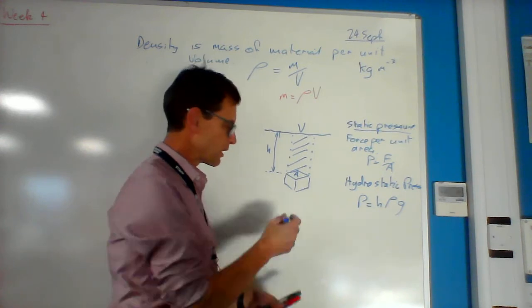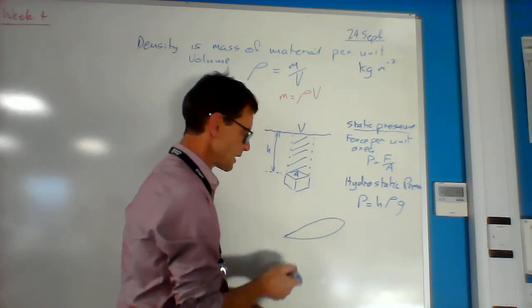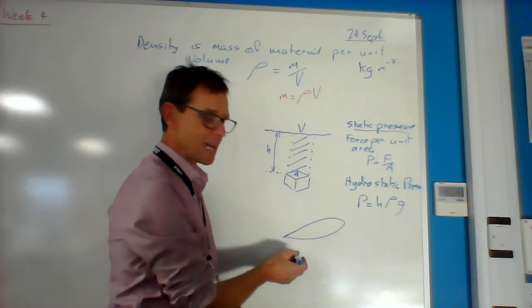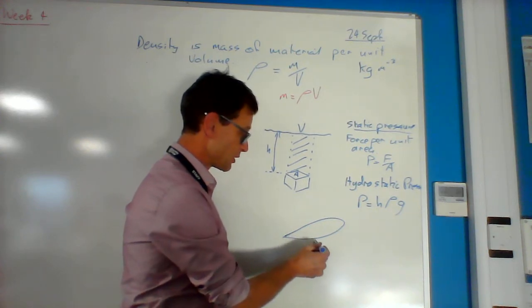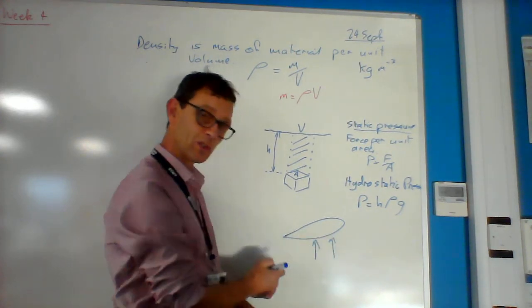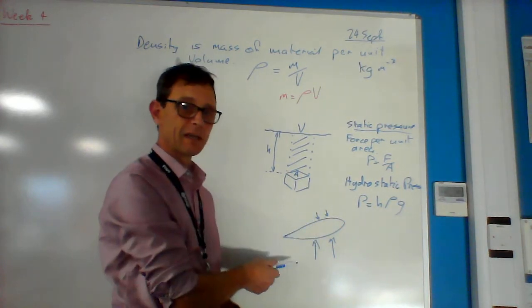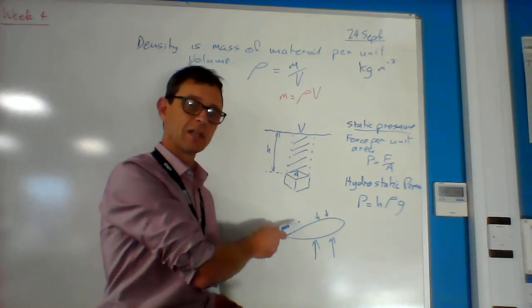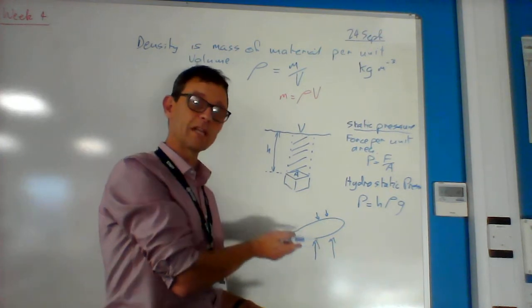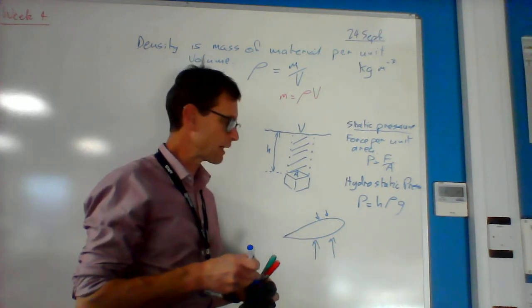It's the idea that if you have, for example, a wing, the pressure on the bottom, and therefore the total force on the bottom, needs to be bigger than the pressure on the top. And it's that pressure difference that causes the wing to be lifted up.